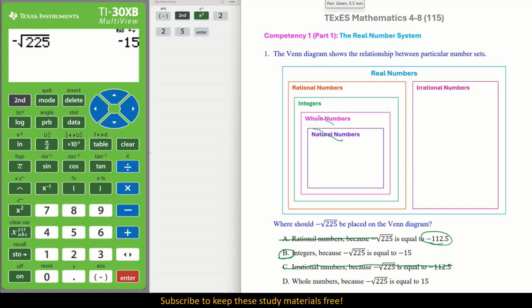Now let's look at D. D says it's a whole number. Well, this is an incorrect calculation, so that violates the calculation, and it excludes the negative that was out in front of the square root of 225. So that is verified. B is our option.